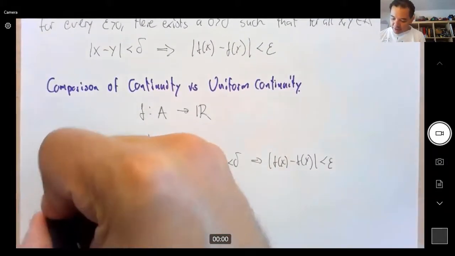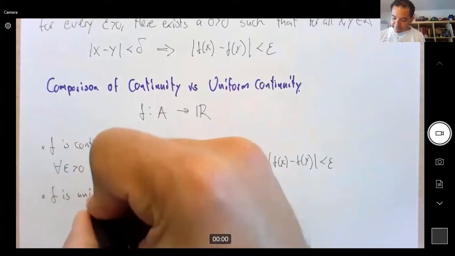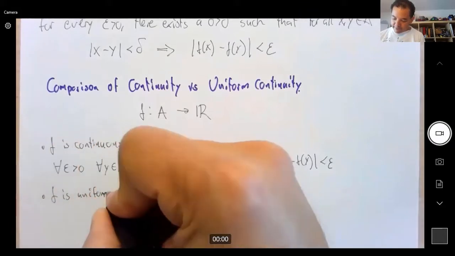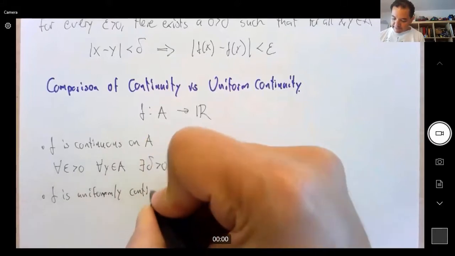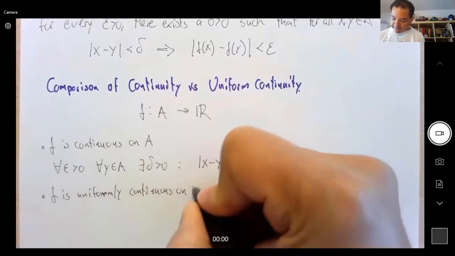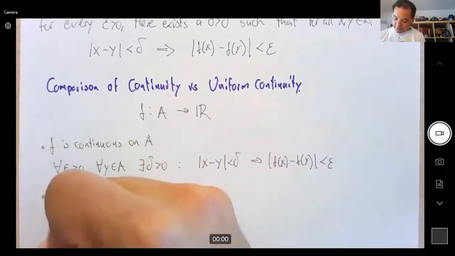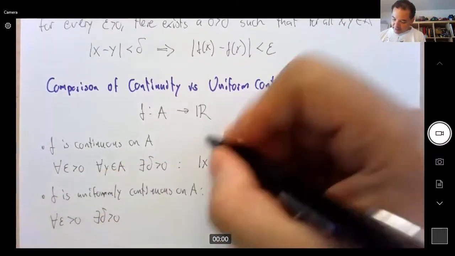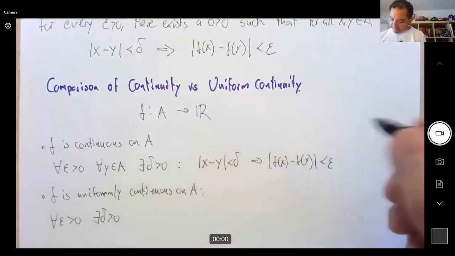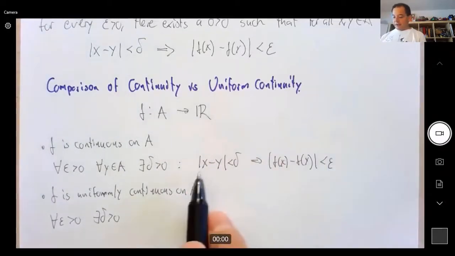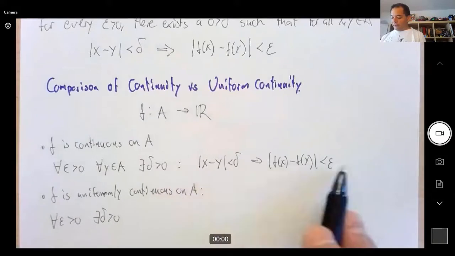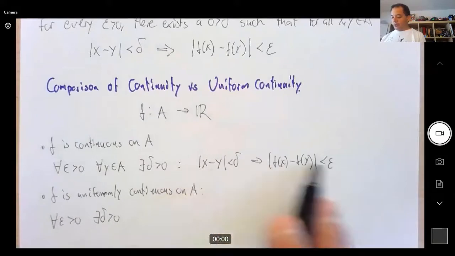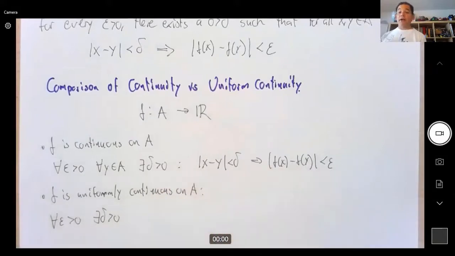Here is uniform continuity. It's for every epsilon, there exists a delta, and such that, okay, see, here's the thing. On the previous definition, I didn't quantify x here, but when we don't quantify it, it's supposed to be for every, right? It's supposed to be a universal quantifier.